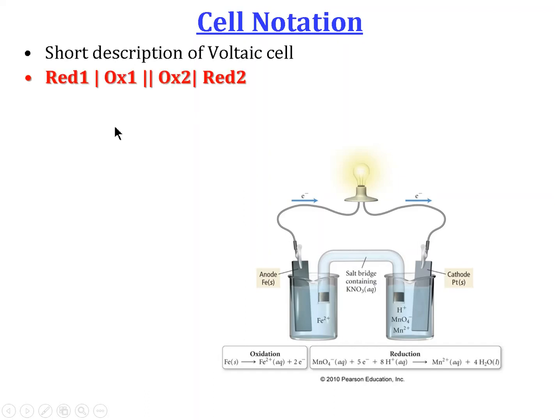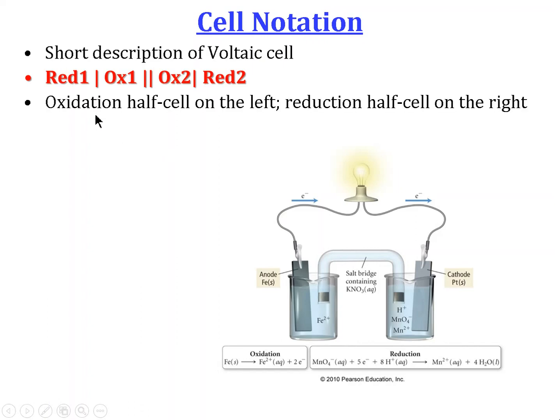The sequence of the reductant and the oxidant is the following: red 1, line, ox 1, double lines, ox 2, red 2. The oxidation half cell on the left, the reduction half cell on the right.